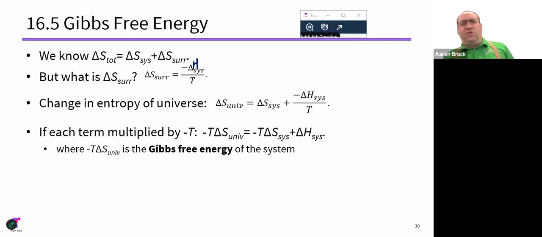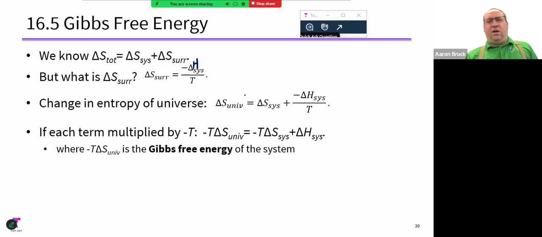So how do I use that? How do I go further? Well, if I put this together, the entropy change for the universe is equal to the entropy change for the system plus this change here. We're getting somewhere close. If we start to do a little bit of mathematical manipulation, what we end up with is something called the Gibbs free energy for the system.